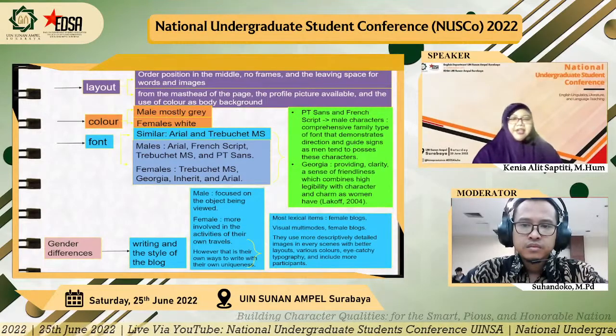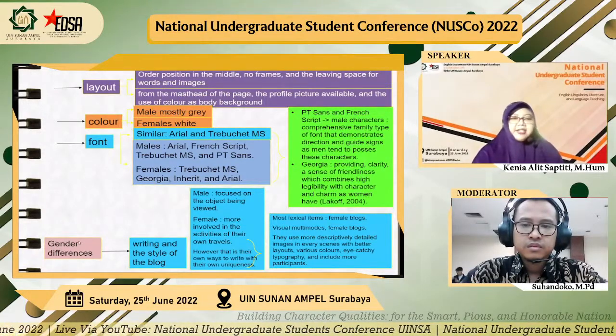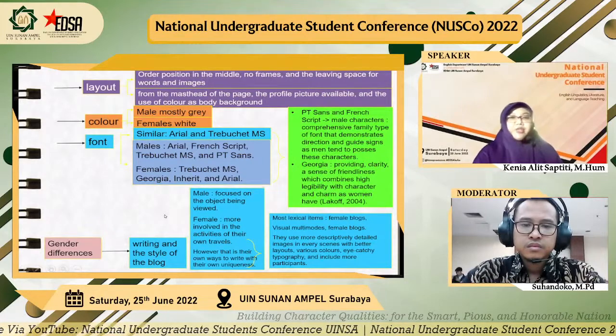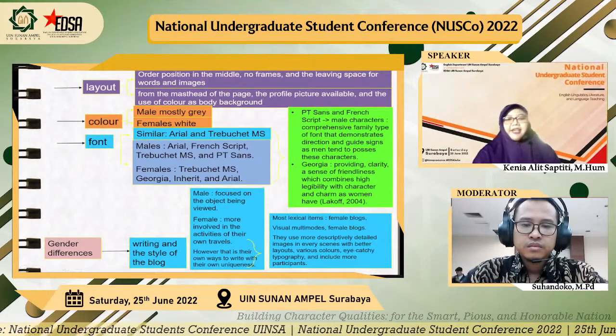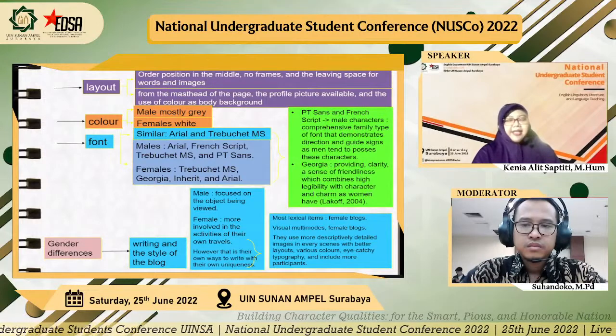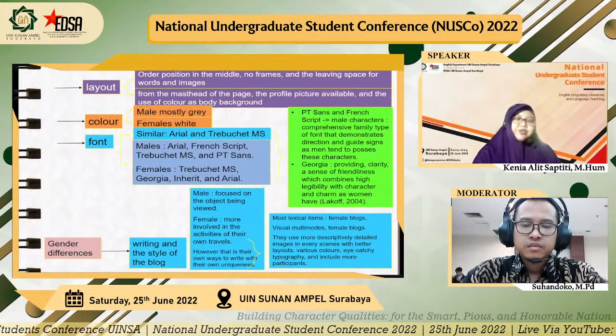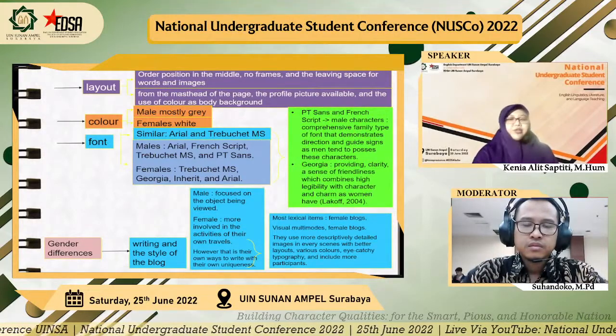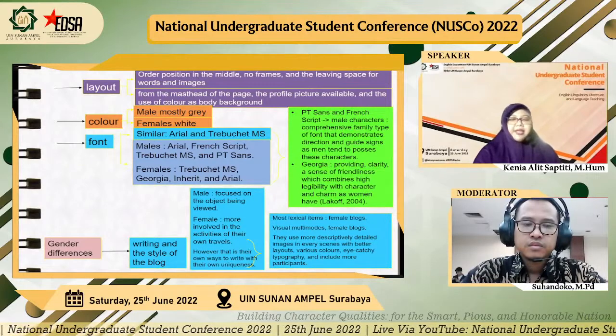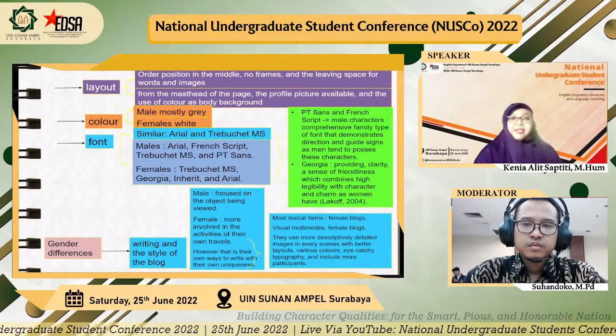All right, so now here, what about the gender differences from the language, like the writing or the text? We can see the style from the writing style, according to the text and according to the language used. Then we can find male as focusing more on the object being viewed.